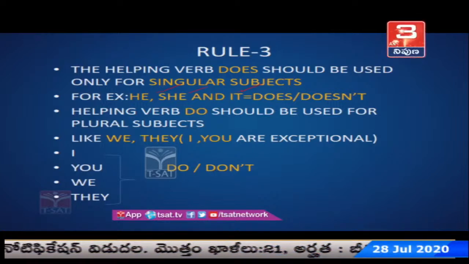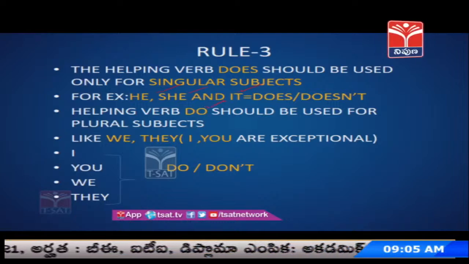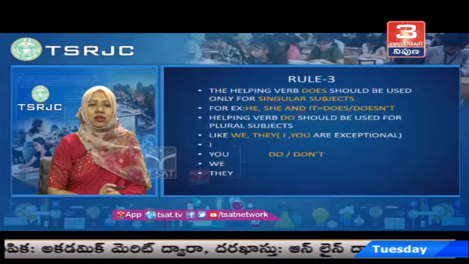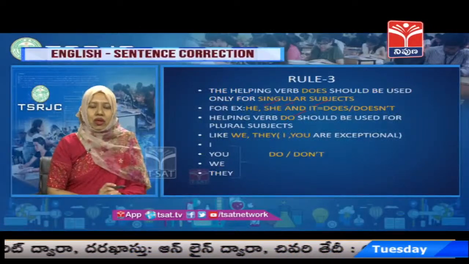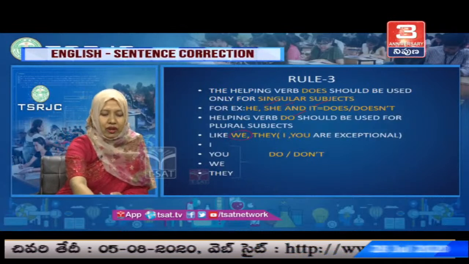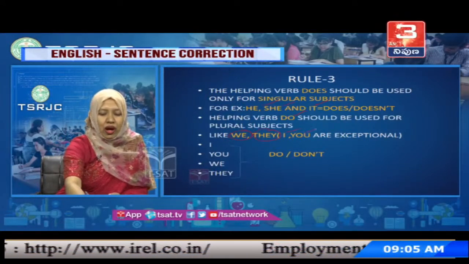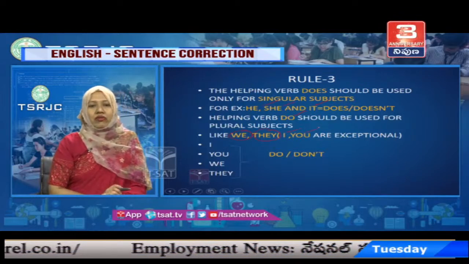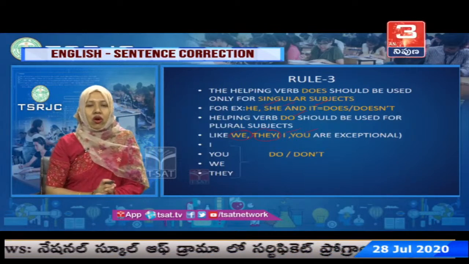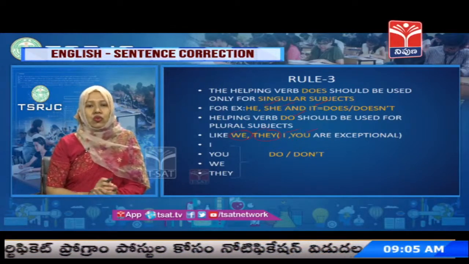The helping verb "do" should be used for plural subjects. The plural pronouns or subjects here are we and they; I and you are exceptional. Whenever we talk about a plural subject, we say we do, they do, I do, you do.